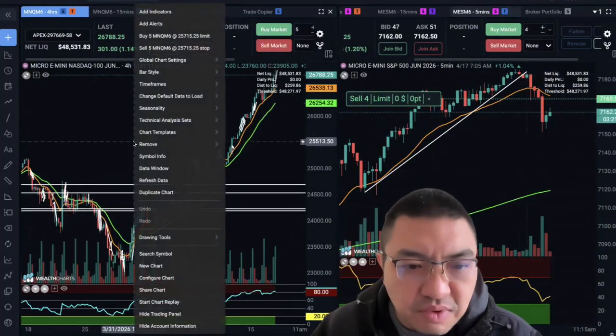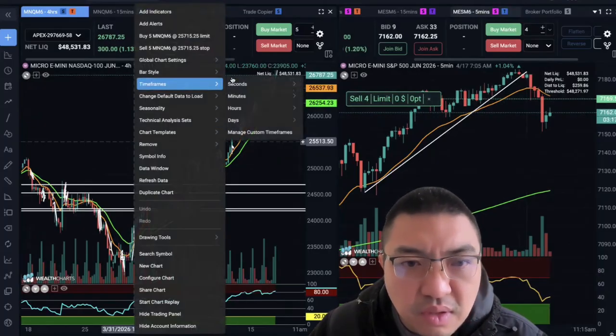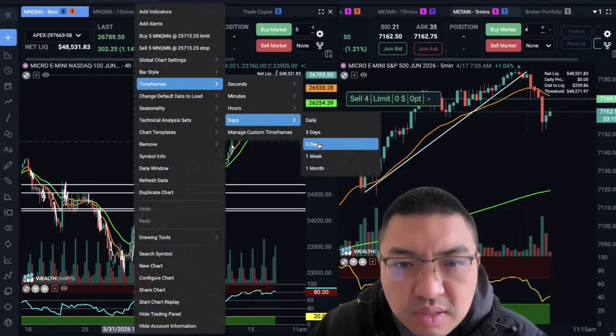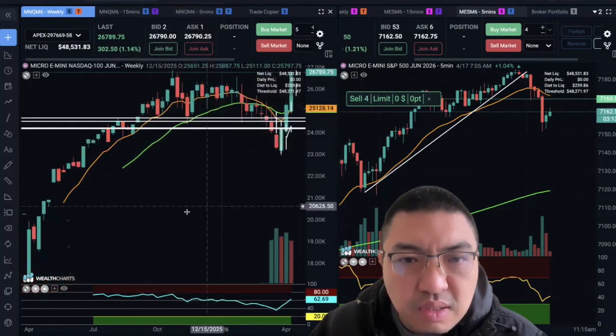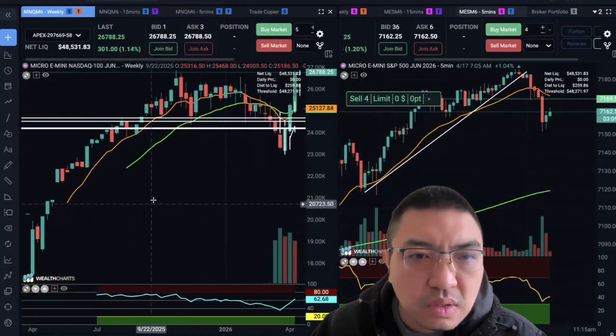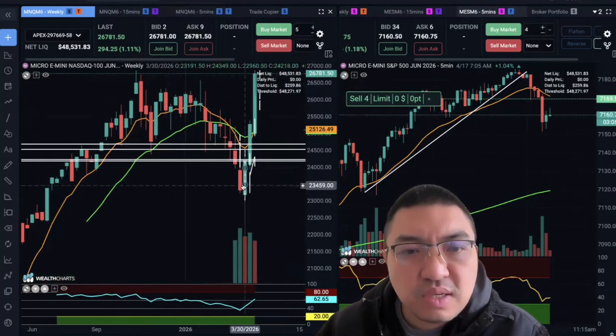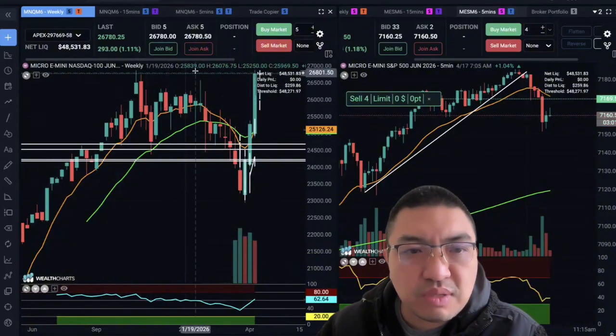Let's change the time frame. Okay, days, like 1 week. Yeah, you see, on the weekly chart, the past 3 weeks are crazy, especially this week, but it is approaching the all-time high.